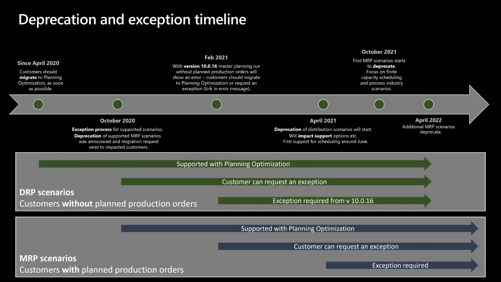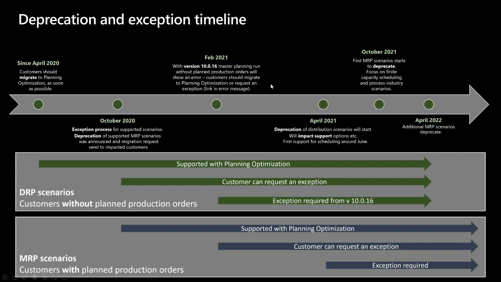So if we look at the timeline, going back from April, that's when we had the first GA of planning optimization with limited functionality. We asked people to migrate if they could. In October, we started to tell people that they should start to migrate. This is when the first mails went out to customers who didn't have planned production orders generated during master planning.